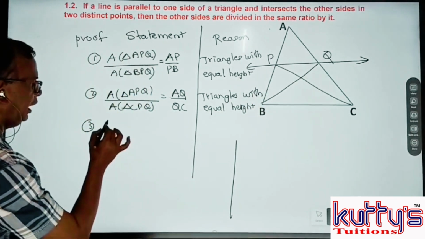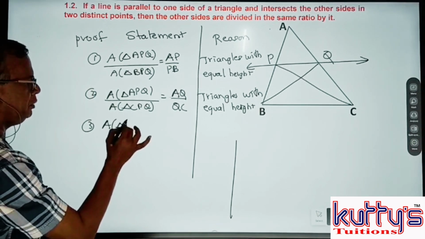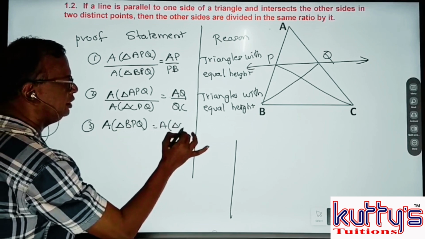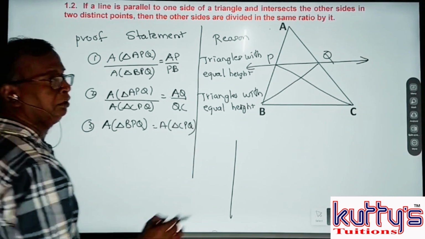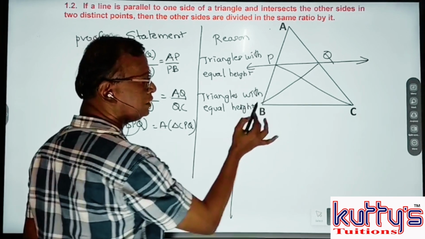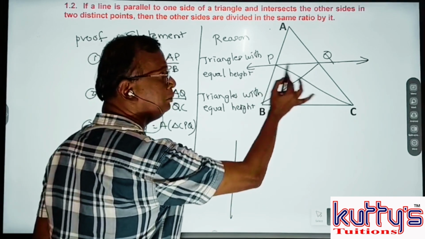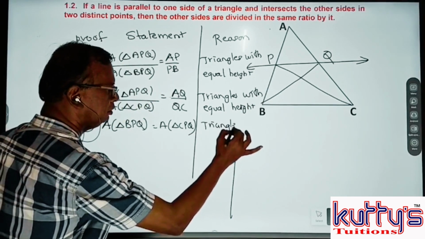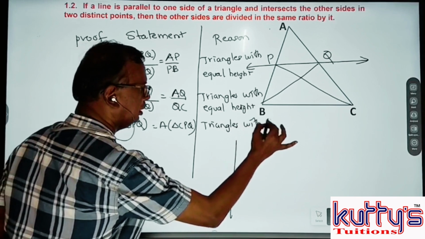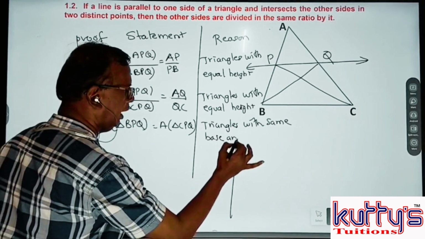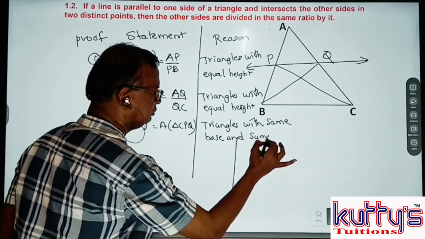So we can say area of triangle BPQ is equal to area of triangle CPQ. Why? Because in parallel lines, height is same, as well as BPQ and CPQ have the same base PQ. So we can say triangles with same base and same height. Right?